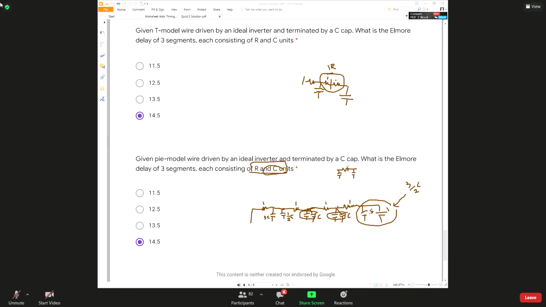The entire resistance has to equal the R, which is 1 R, because that's given. And these 2 caps together must equal a C. Therefore, I'm going to have half a C here, and then half a C on the other side. That's all we're using.